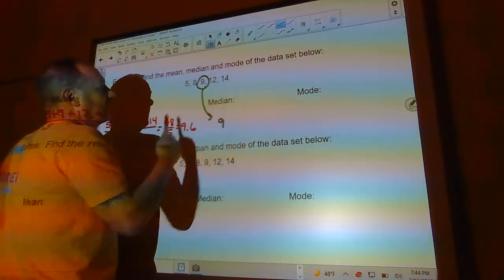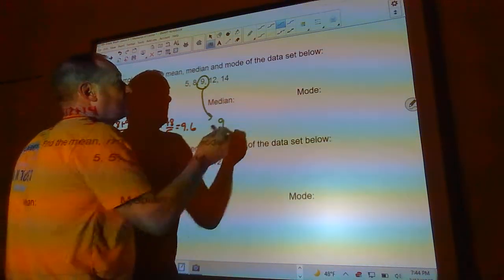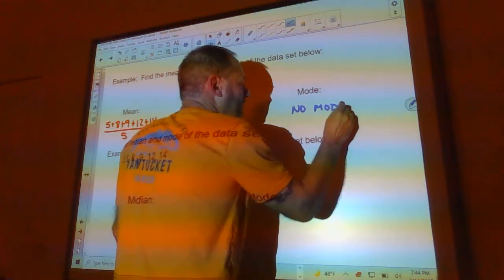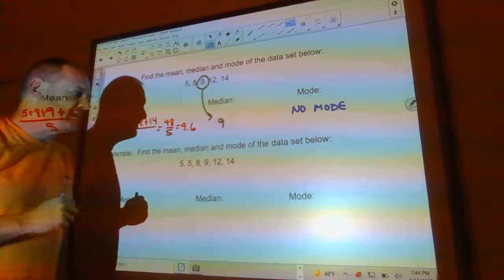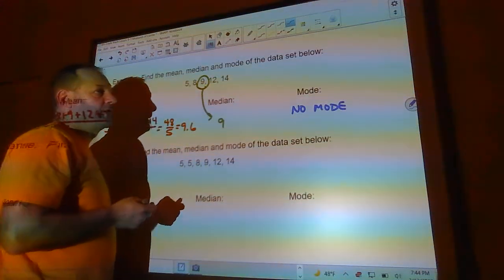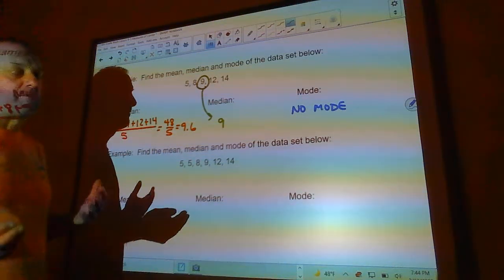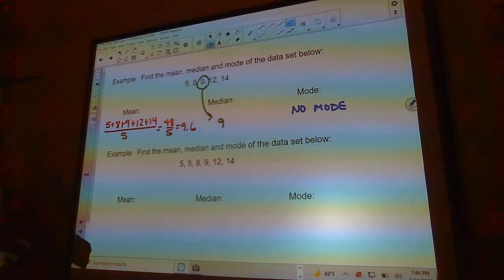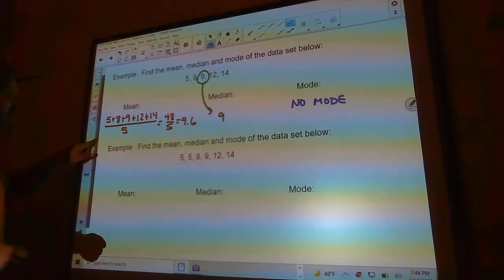In this one, nothing occurs more than once, so there is no mode for this. If we have one number that occurs repeatedly, that would be the mode. If I have 2 numbers that have the same number of data points, they can both be the mode. But if I have more than that that are the same, then there's no mode.